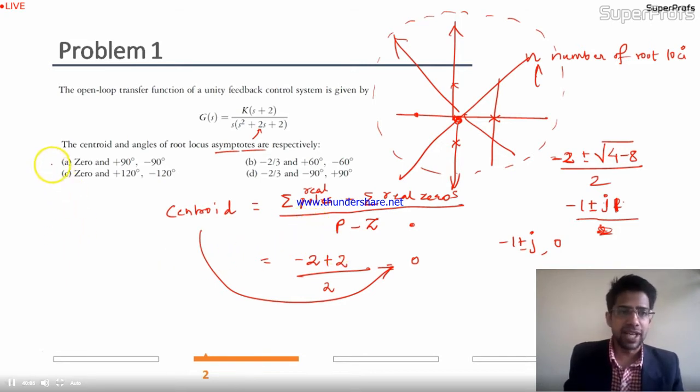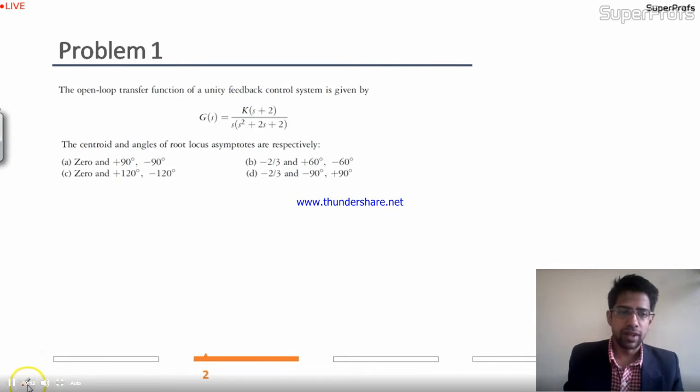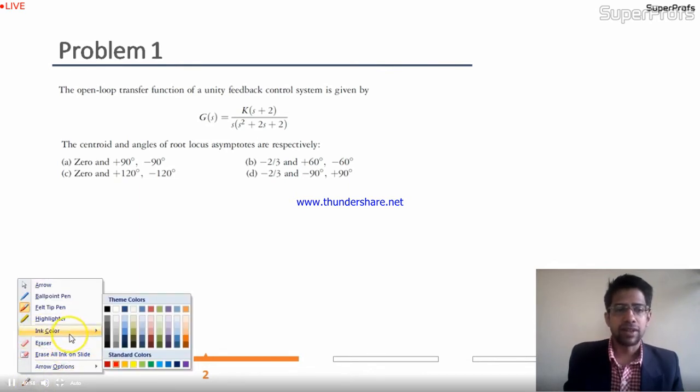So the answer is either A or C. Now let us find out the angle by which these travel towards infinity. Now this angle is given by the following formula.